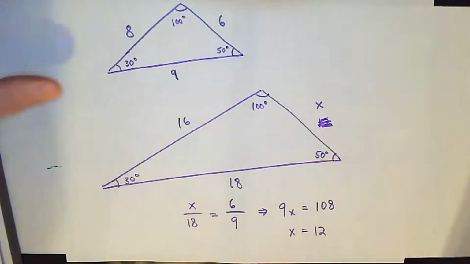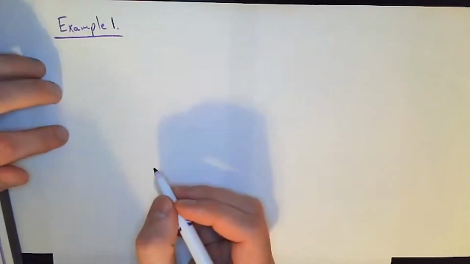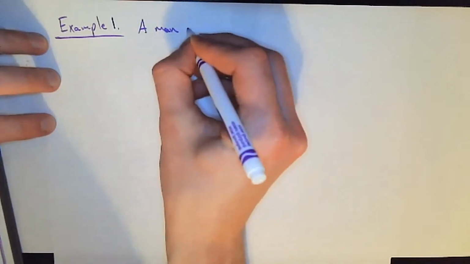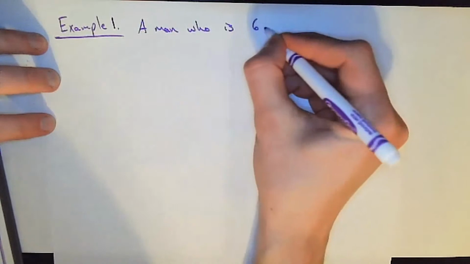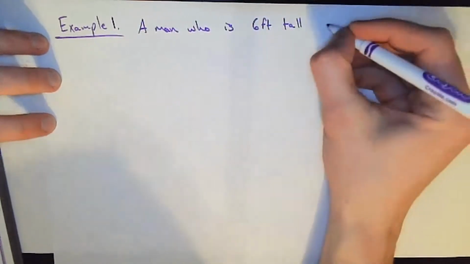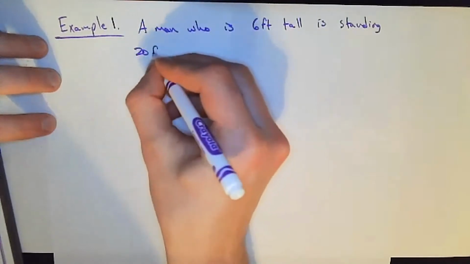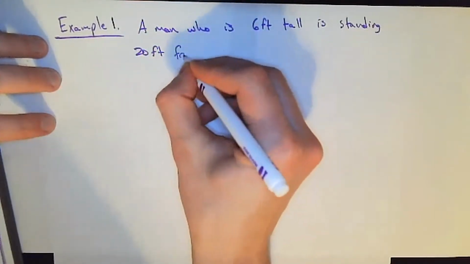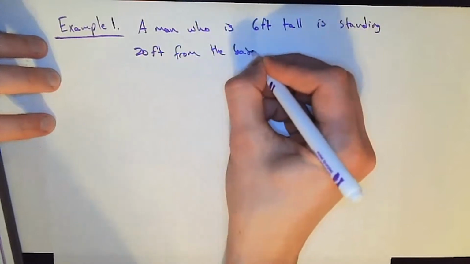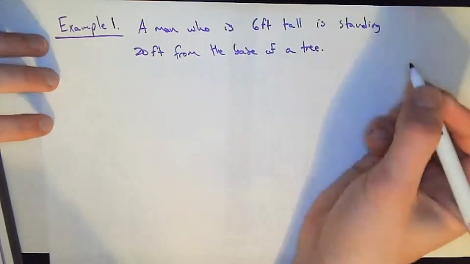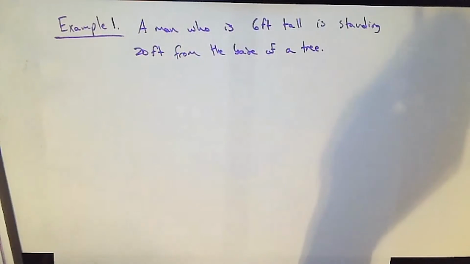But that's a very useful technique. So let's see how we can use that in a real life problem. A man who is 6 feet tall is standing 20 feet from the base of a tree.